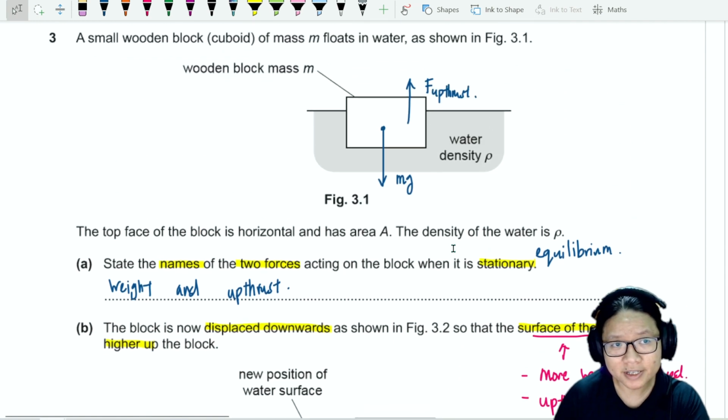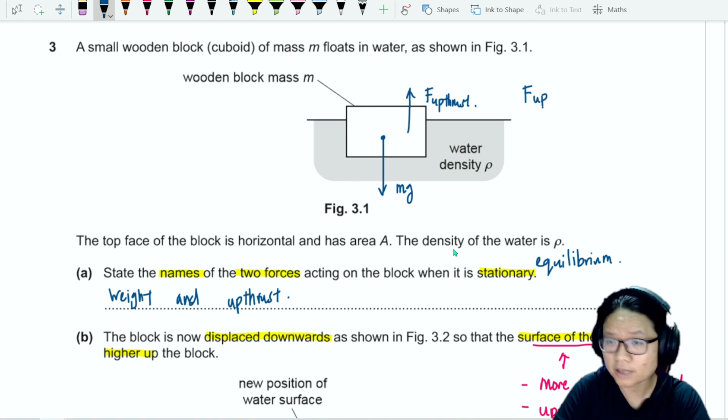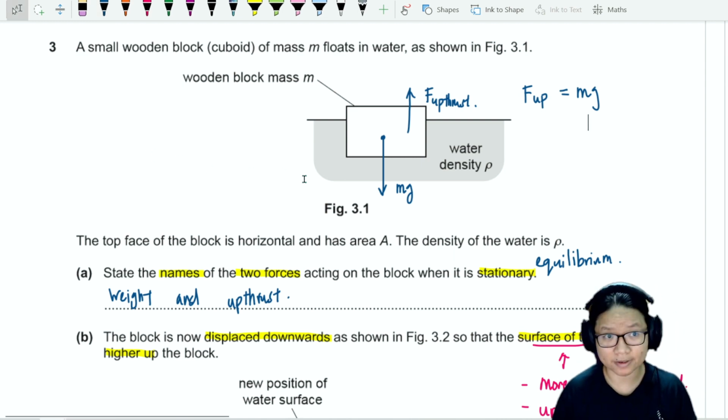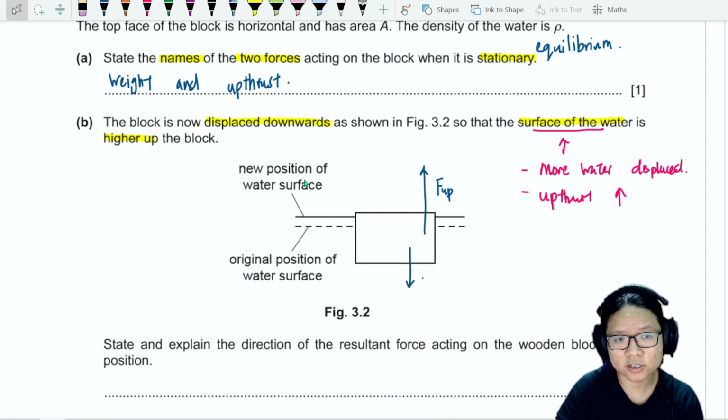Previously, in the first drawing, your upthrust force, let's say F_U for upthrust, is equal to mg because it's in equilibrium. When upthrust increases, it means the upward force is greater. So right now we have a greater upthrust and the same weight. So I will say the direction of the resultant force is upwards.